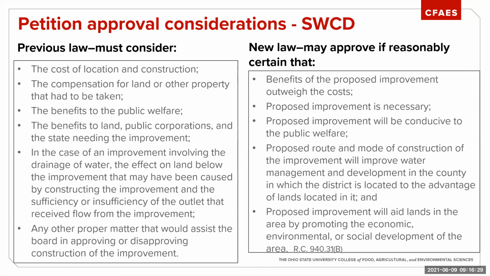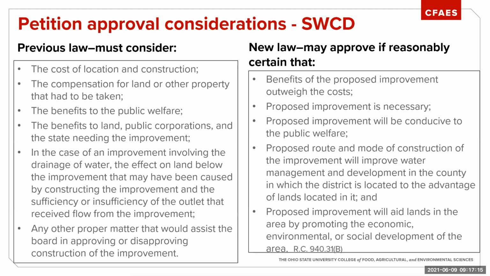As far as approval of the petition itself, when it comes before the Board of Supervisors in Soil and Water, the new law changed it a bit and revised some of those approval factors and added language that the Soil and Water Board of Supervisors may approve it if they're reasonably certain that these benefits will outweigh the costs, that it's necessary and conducive to public welfare, that the route and mode will improve water management and development, and will aid lands generally in the area by promoting the economic, environmental, and development of the area.